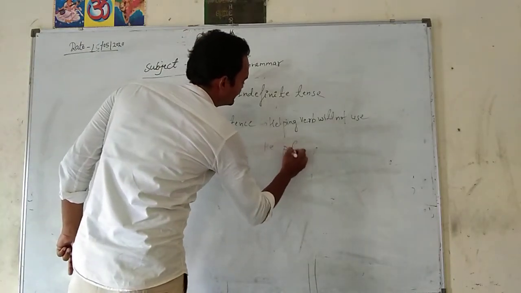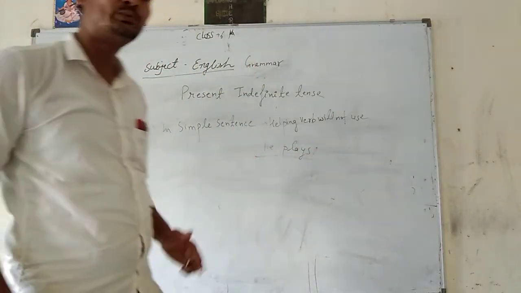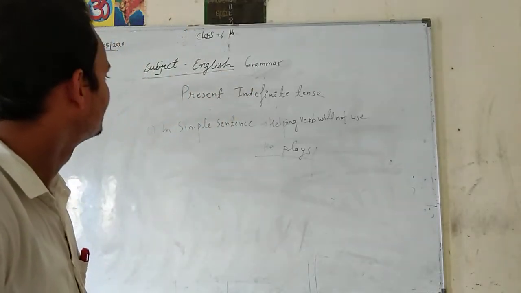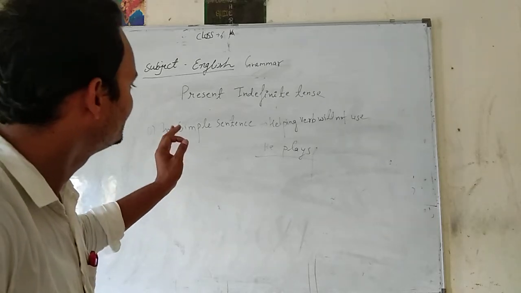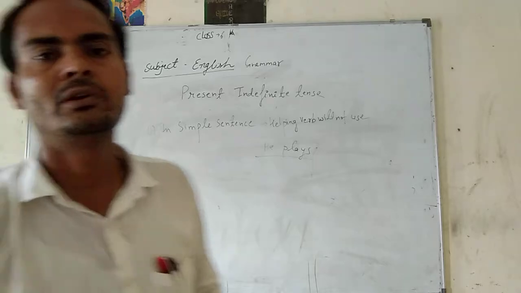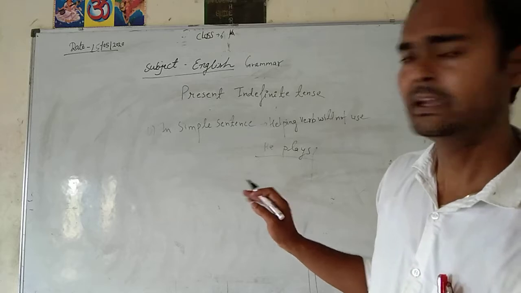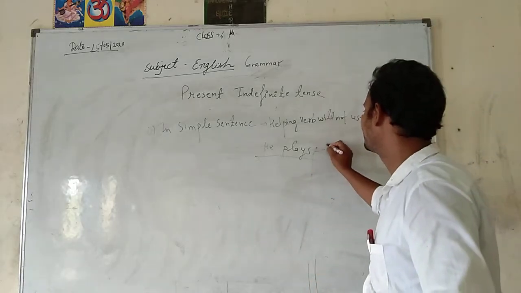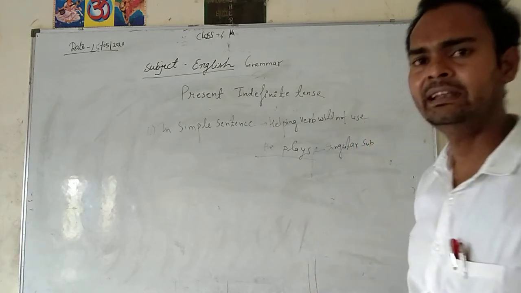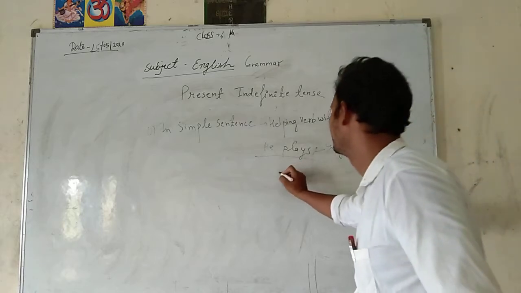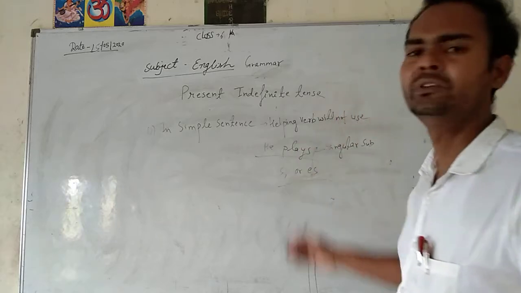He plays. Now you are thinking why the S is there after play. So this is rule number two. In a simple sentence of present indefinite tense, the helping verb do or does will not be used, and if there is a singular subject, then we have to add S or ES with the verb.